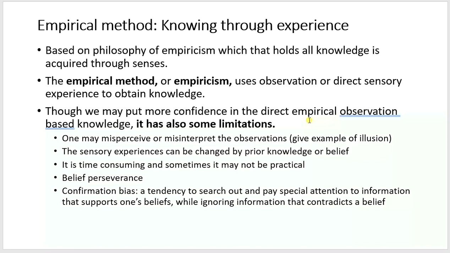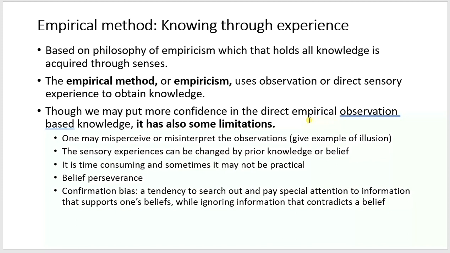Confirmation bias is a tendency to search out and pay special attention to information that supports one's own beliefs or ideas, while ignoring information that contradicts our belief. So confirmation bias is also likely; it cannot be ruled out.